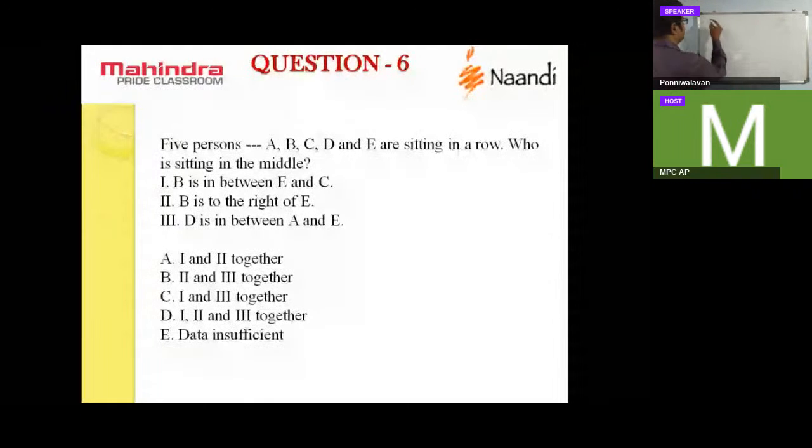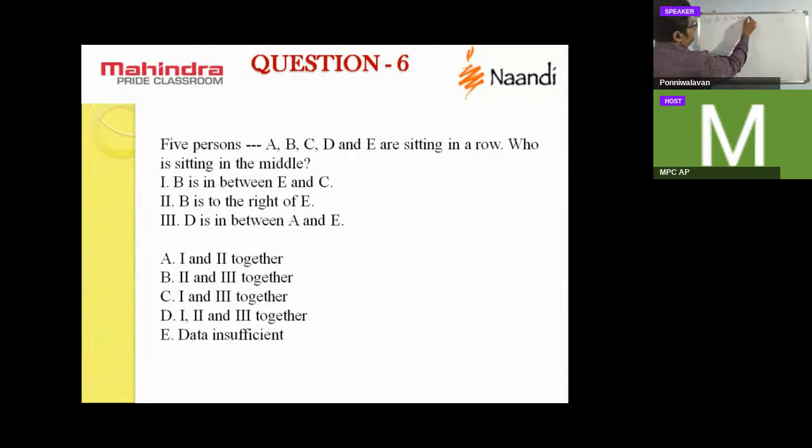Okay, we'll put the clues. First clue: B is in between E and C. Second, B is right of E. Third, D is in between A and E. Okay, what are the options?